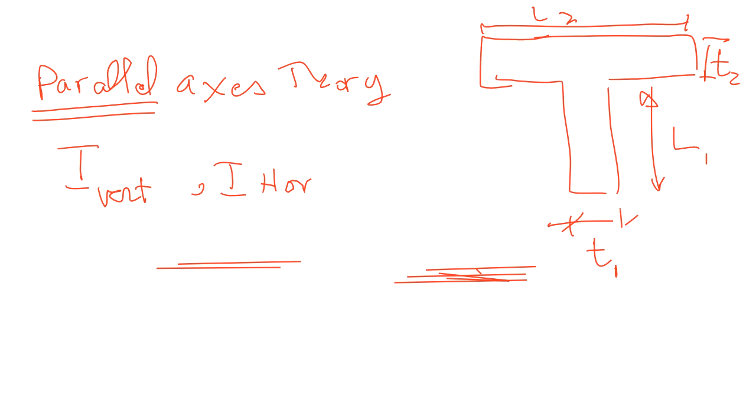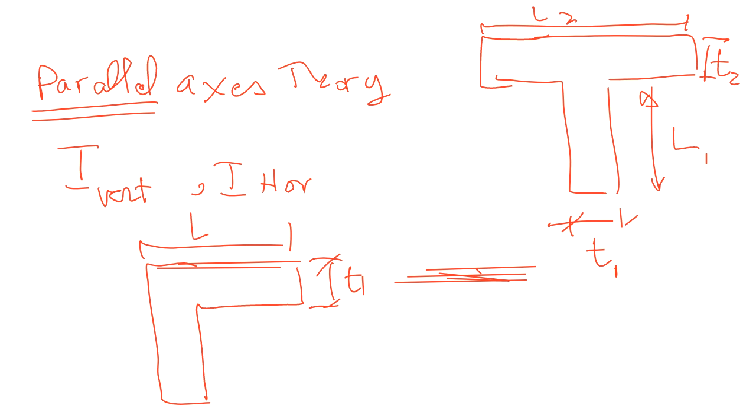Please write down, actually, because it's two simple shapes. I'm going to give it to you. This is the second shape. I'm sorry, not 2, this is 3. And this is T1. The distance from here to there is L1. This is T2. And this is L2.